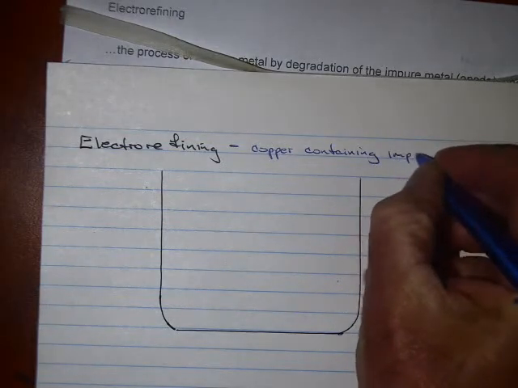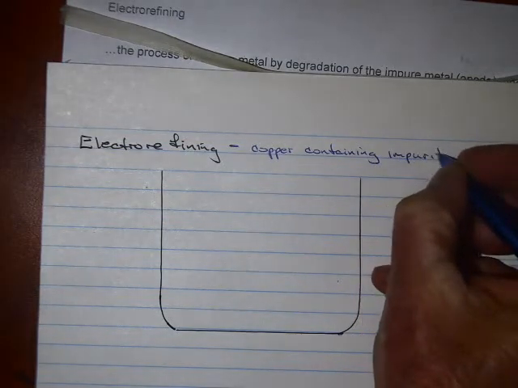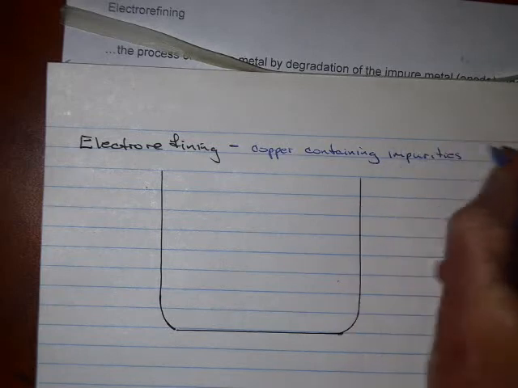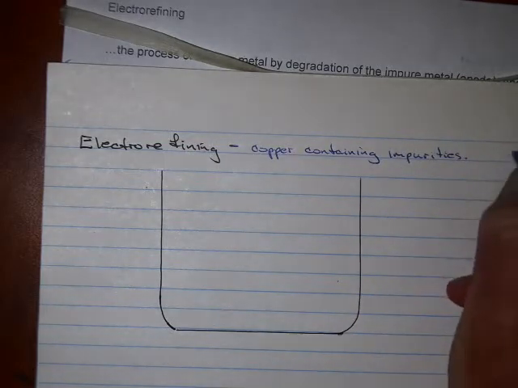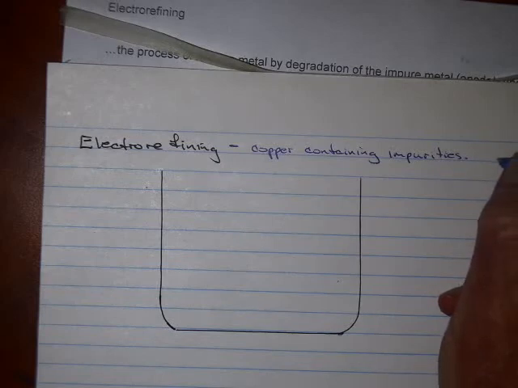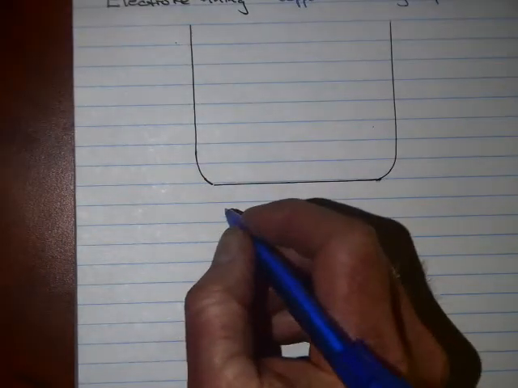So that means non-copper elements. Okay? Now let's say these impurities are, let's say, zinc impurities.